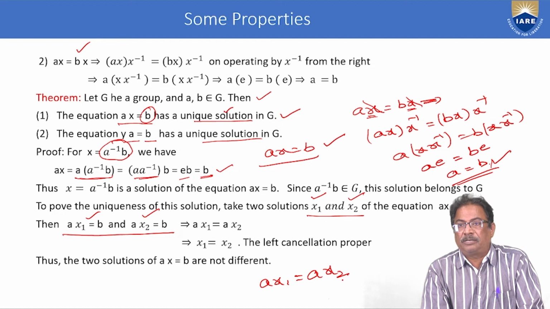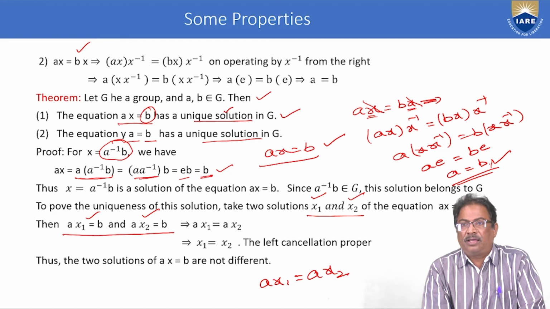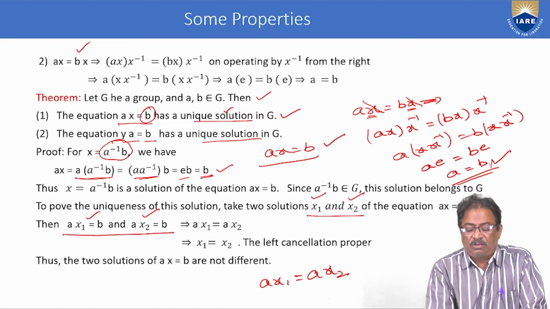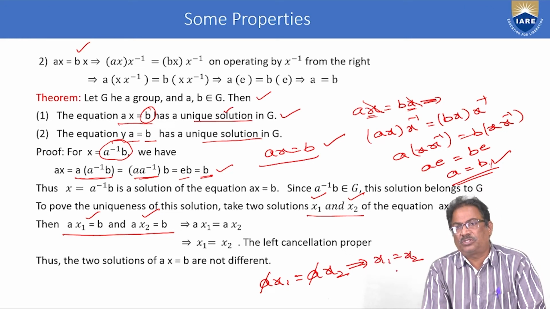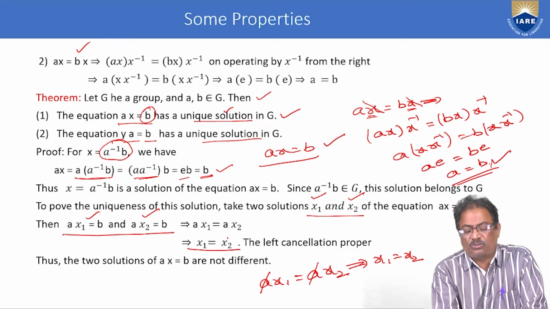In this theorem, the left cancellation law holds for a group, so applying the left cancellation law, we get x1 = x2.